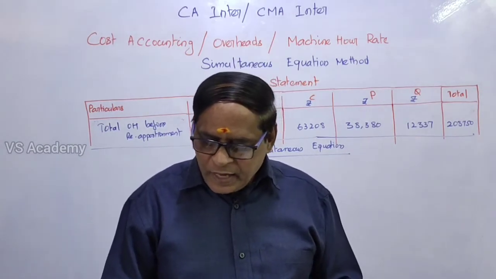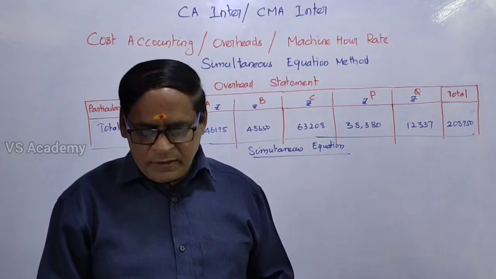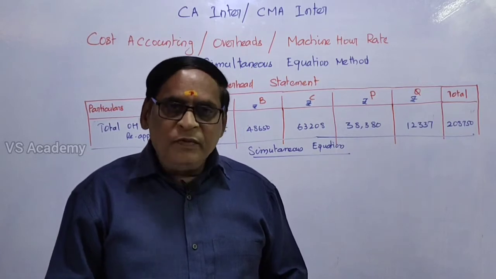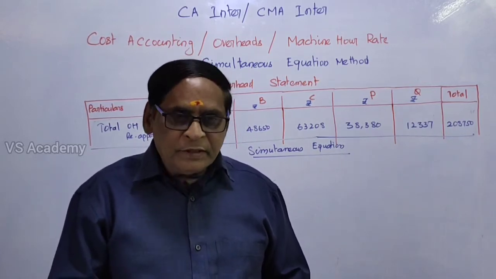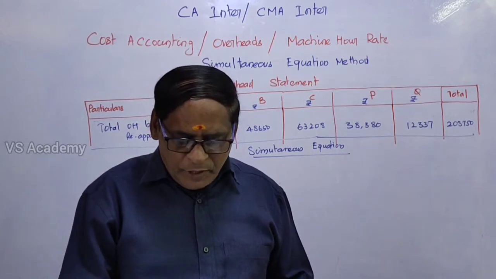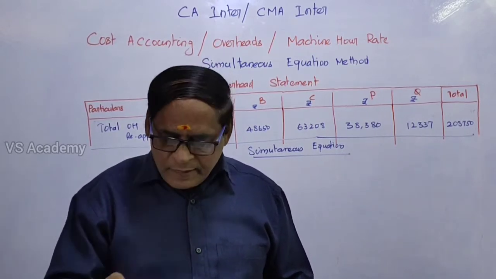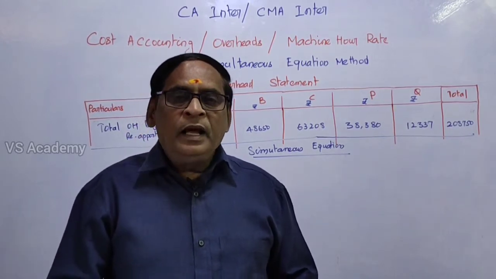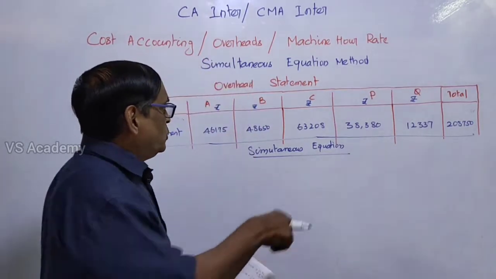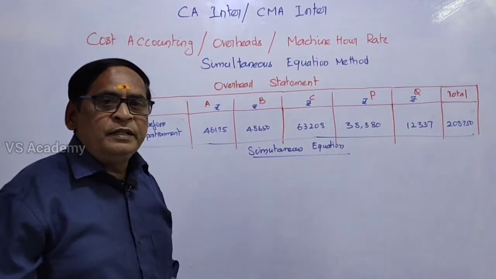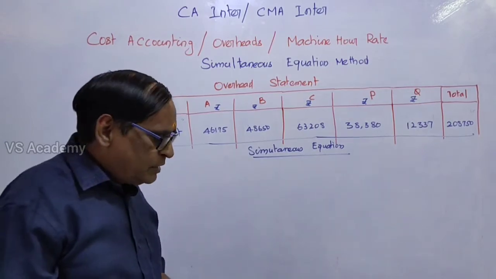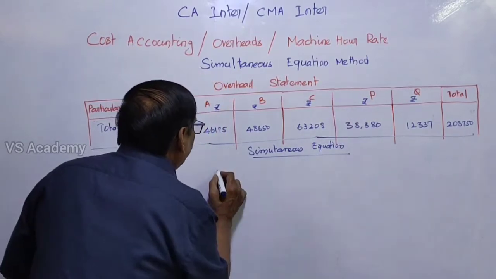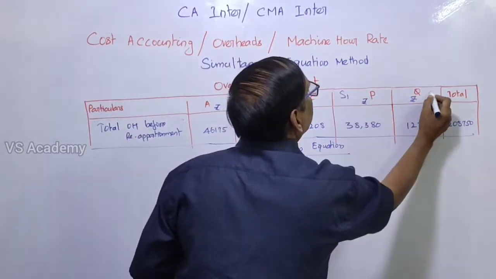20, 30, 40 and then S1 nil and S2. That means the cost of service department S1 will be distributed among the three production departments P1, P2, P3 as well as service department 2. That means 10%. So what will be the equation? The total cost so far we have incurred is 38,380. So you can treat them as service 1 and service 2.